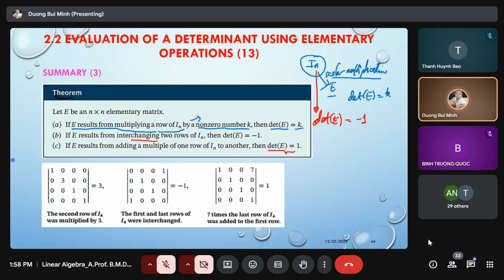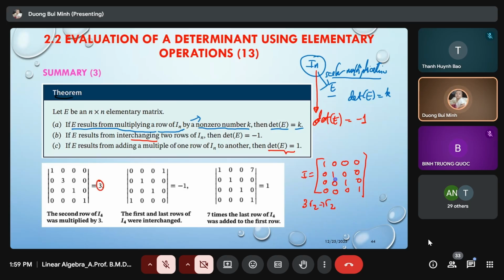For example, here we have the identity matrix, 4 by 4: 1 0 0 0, 0 1 0 0, 0 0 1 0, and 0 0 0 1. If we multiply R2 by 3, R2 goes to 3 R2, so the determinant of A is 3.